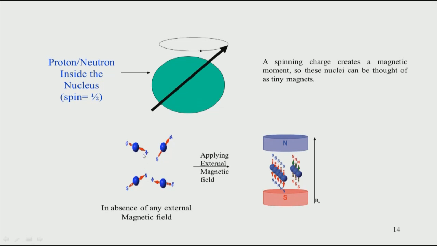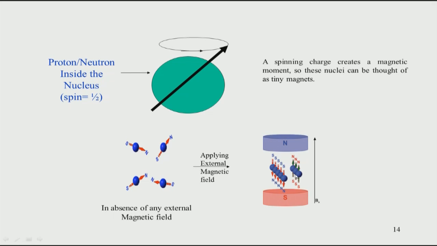If you take a collection of spins, they are basically a set of magnets in the sample. These magnets are very tiny because the nucleus is very small. When they are put in a magnetic field, they will start aligning with the magnetic field. Some of the spins will be aligned parallel with the magnetic field, where the north pole is facing the south pole, and anti-parallel means oppositely aligned spins.